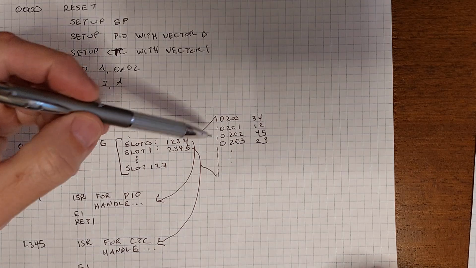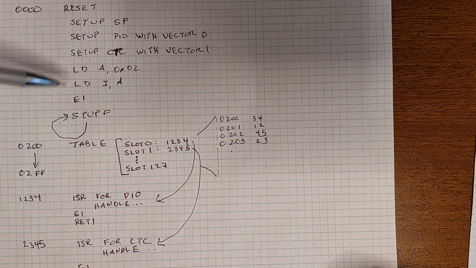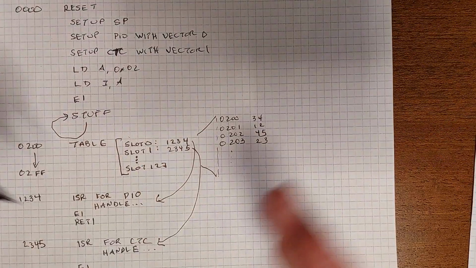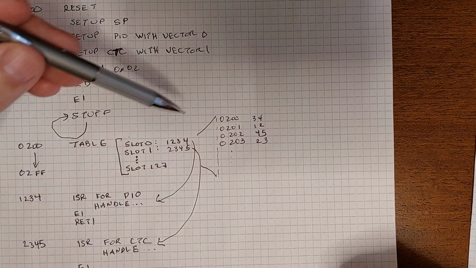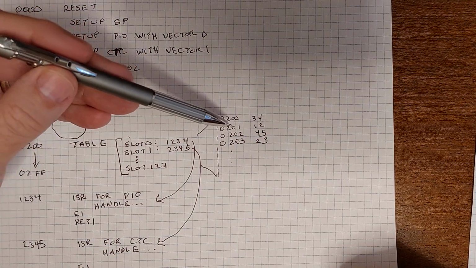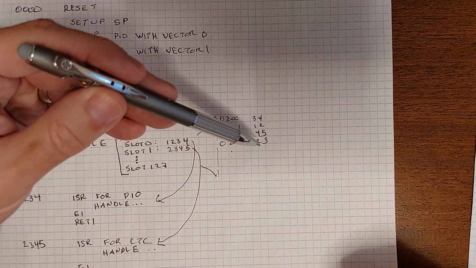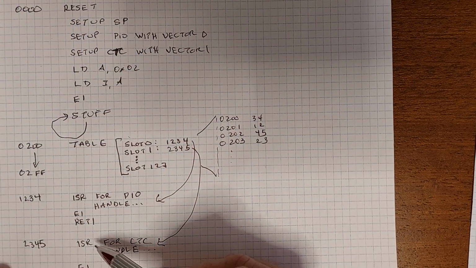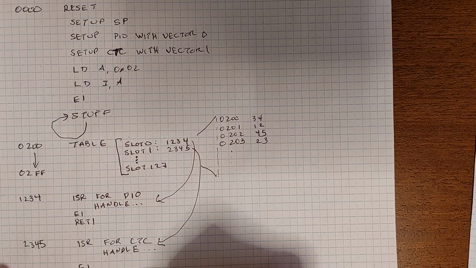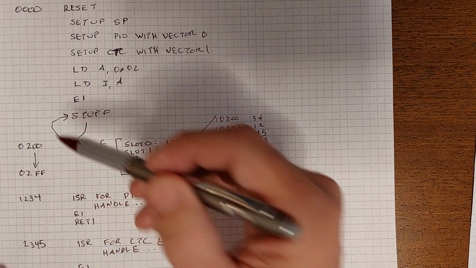So that's address 202. That's just the vector number shifted by 1, or put the vector on the high bits of the bus. And the 2, 3, 4, 5 is the address it reads, so it executes this ISR, goes off, returns from the code, and then goes back to doing its stuff.